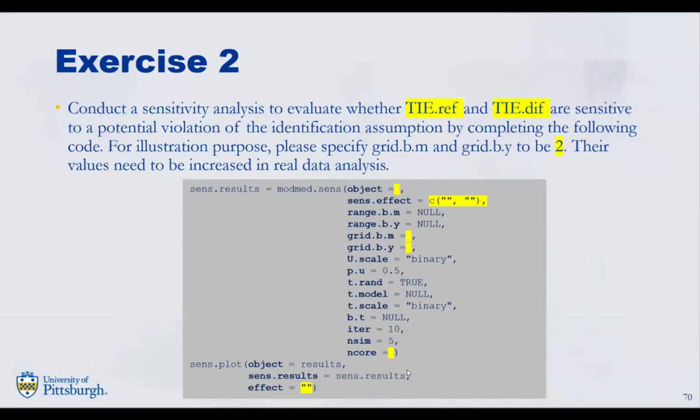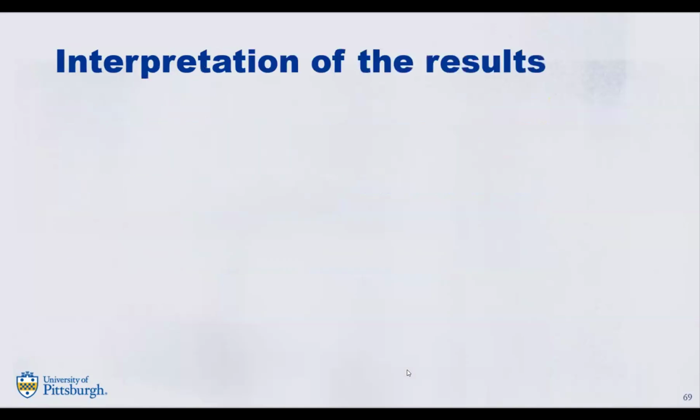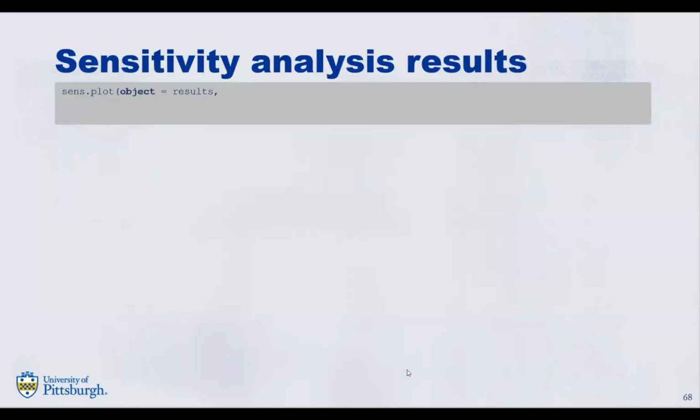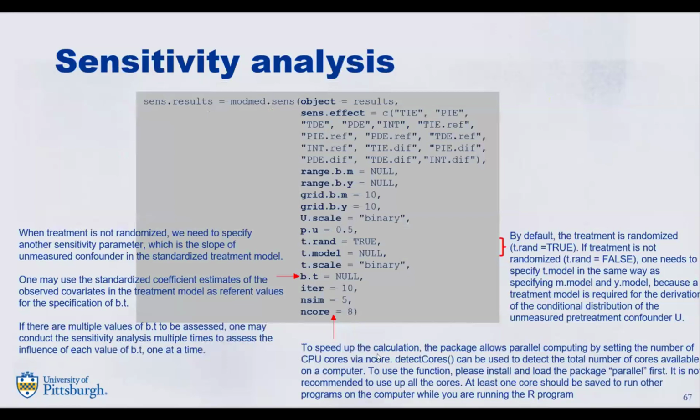Now you will have 3 minutes to work on the exercise, and I'll show you this slide to help you figure out how many cores you have on your computer. The function detectCores can be used to detect the total number of cores available on a computer.